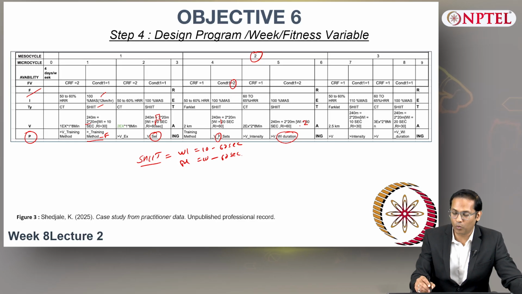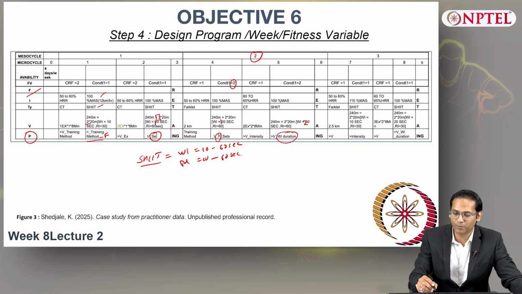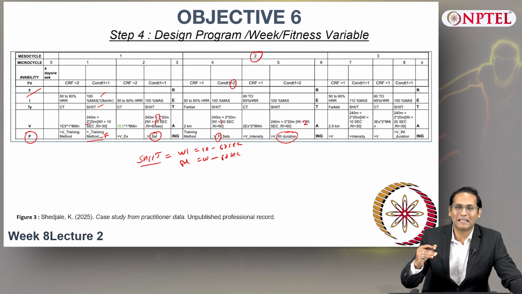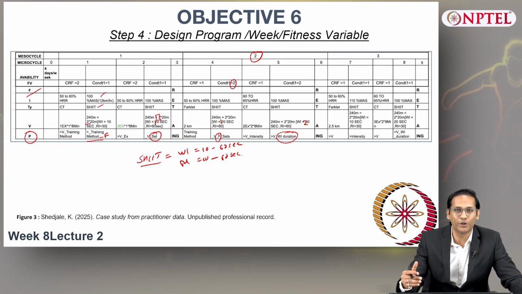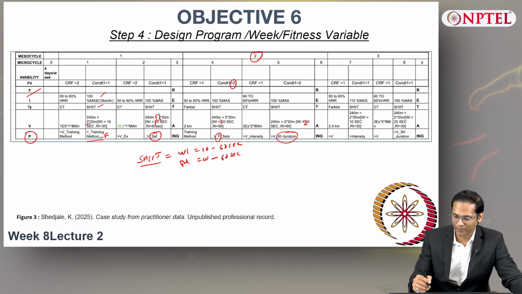So 20 seconds of work interval running for a 20 meter distance with a speed of 12 km per hour, and he'll be doing it 2 times. Now this represents performing the activity for longer duration and repeating that activity.